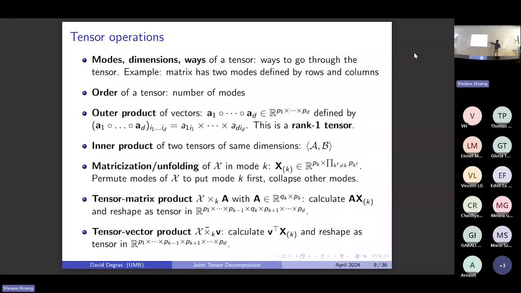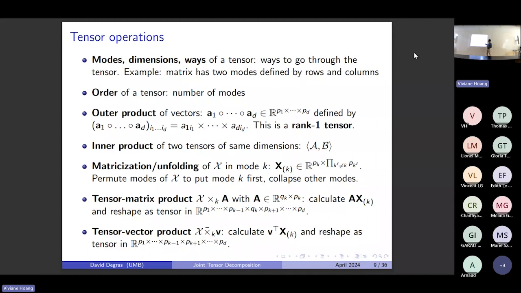This is a useful operation to think about tensor products between tensors and matrices. If you start with a tensor X and a matrix A that have compatible dimensions, and you want to multiply them in mode K, what does that mean? You are going to matricize your tensor X in mode K. So now you will have something that is, with my notation, p_k by the product of all the other dimensions.